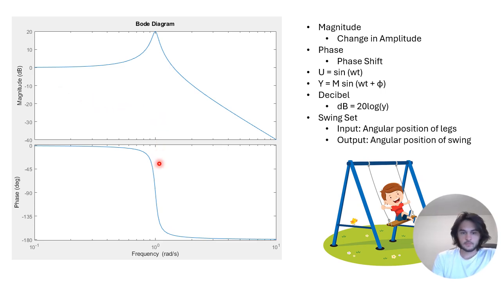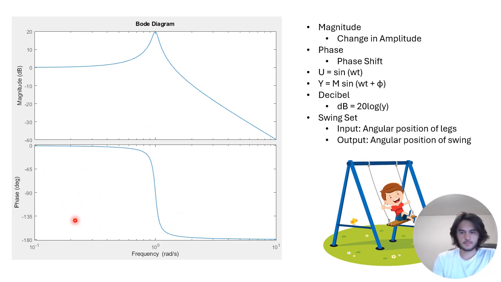Now, if we look at about whatever this frequency is, we can imagine when you are timing your kicks right, you're moving your legs when you're at a 90-degree shift from the swing, and that way you're always adding momentum to yourself whenever you move your legs.